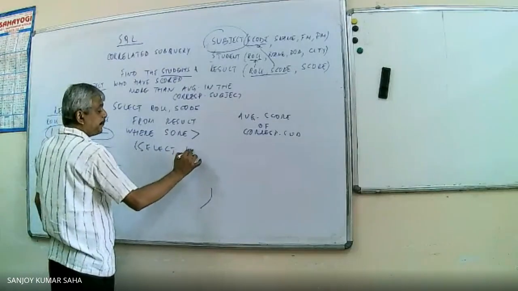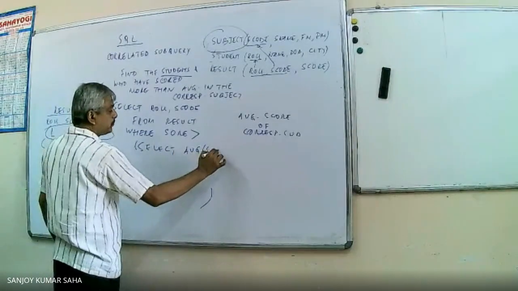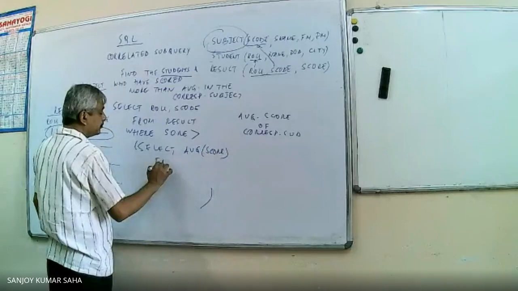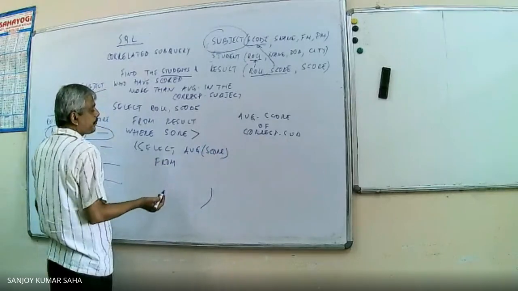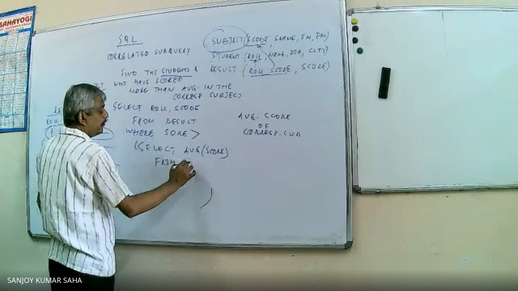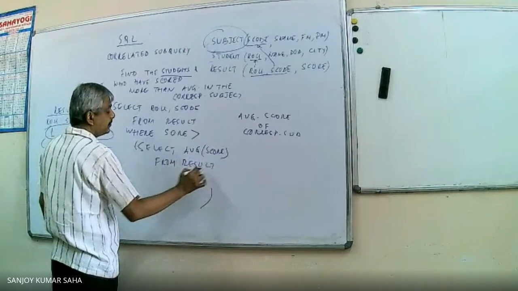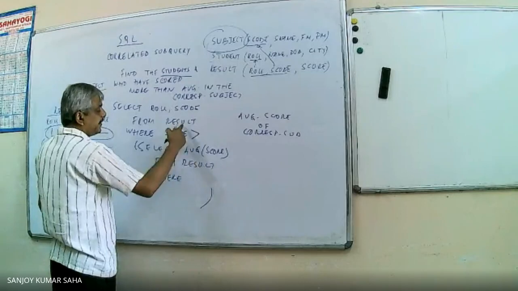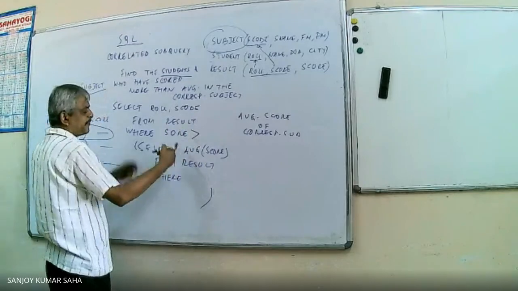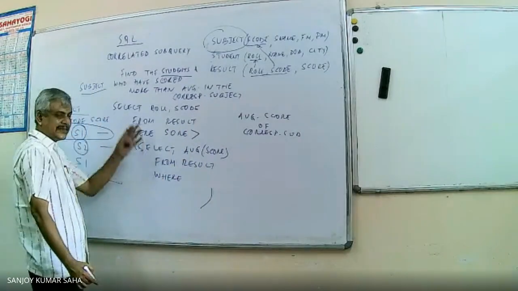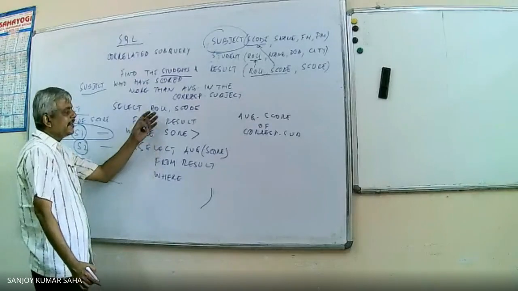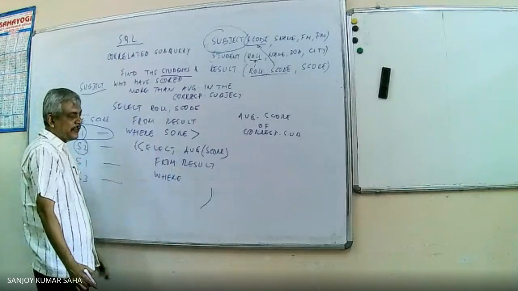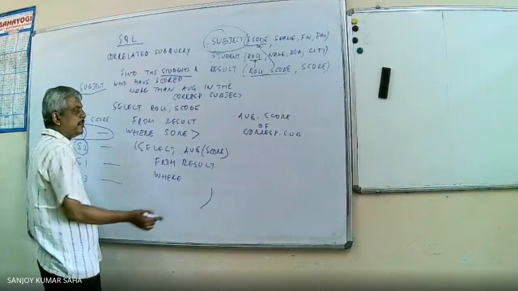So select average score from result, where, see these two results, but we have taken a special example. This is self correlation, where in the outer query and in the inner query, we are using the same tables.